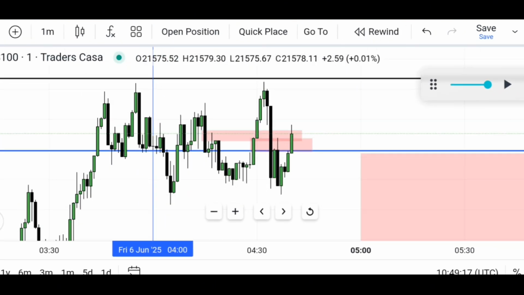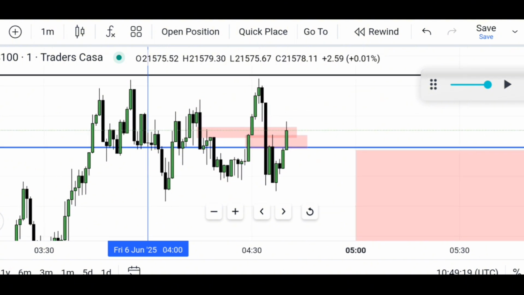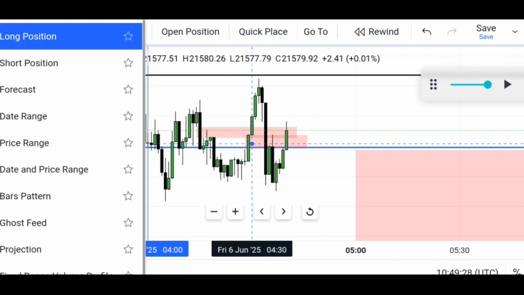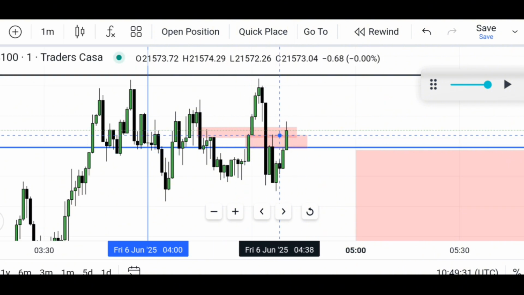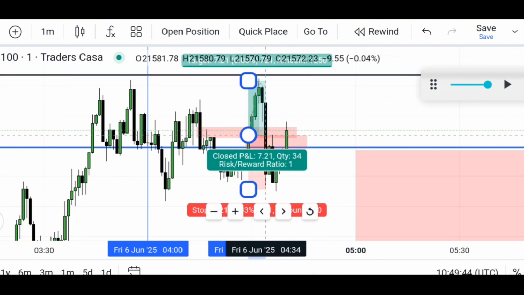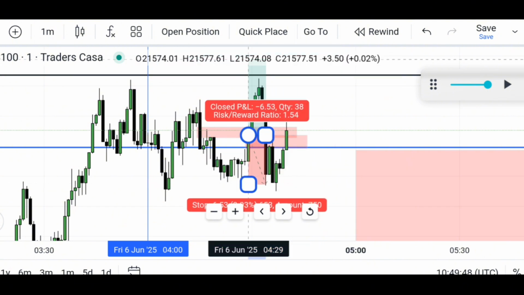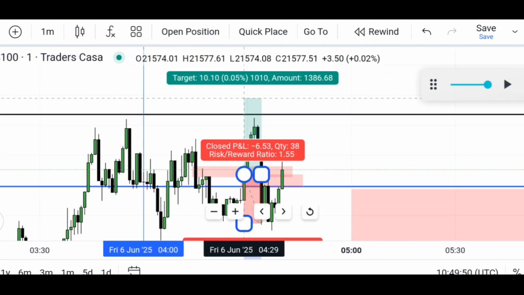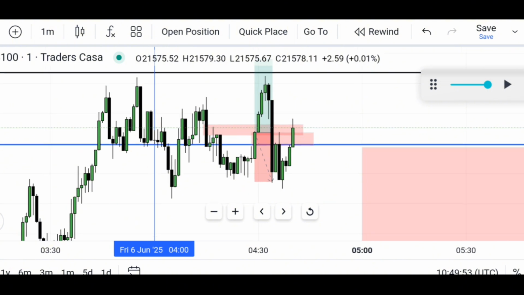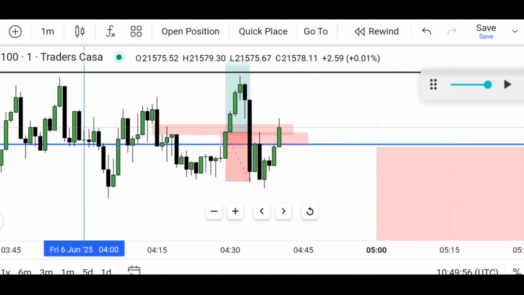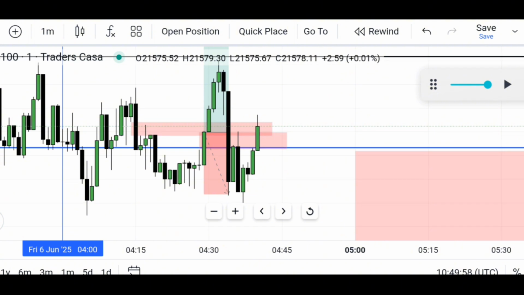So price has given a very quick retracement, and that was a very quick one. So assuming we got stopped out on this entry right here, stop loss right there, and take profit above that swing high. So again, we have got another new entry, right?